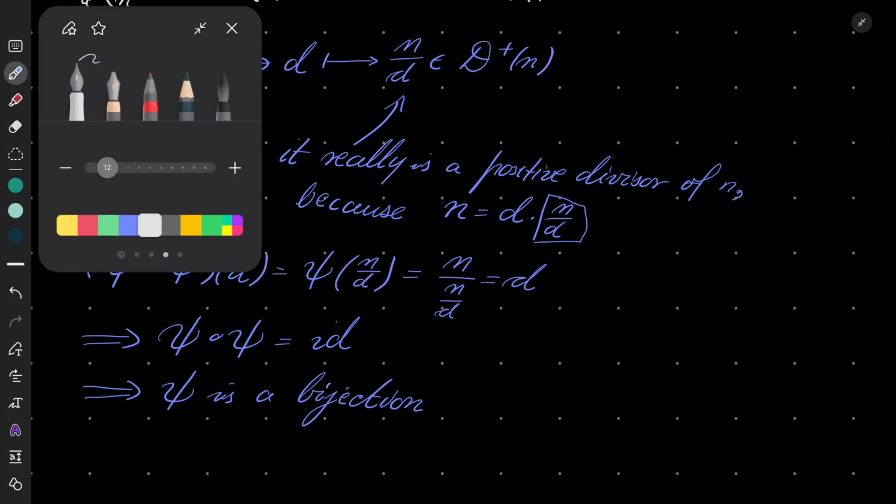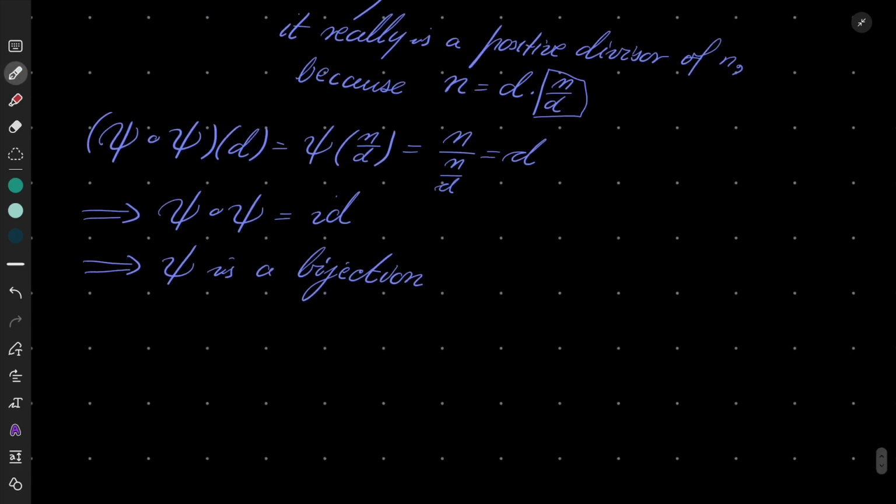Okay, and now we are pretty close to the solution. So our first sum is this, and because our function is a bijection, we can change the index of summation.